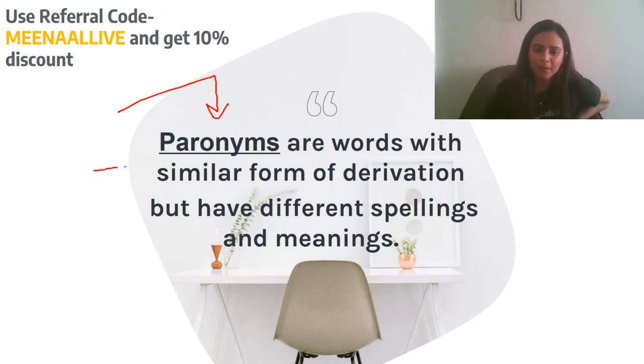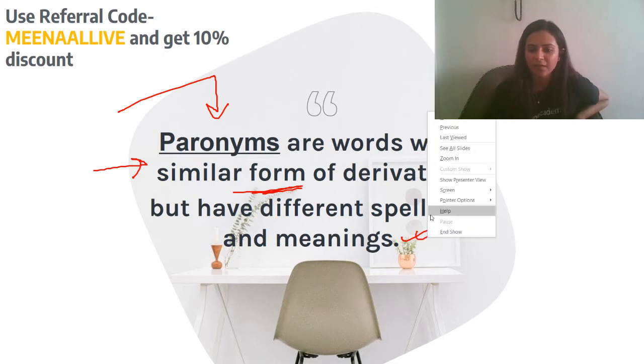So if we go to the meaning of paronyms, paronyms are basically 2 words which have a similar form of derivation. Basically they come from the same root word but they have different spelling as well as different meanings.